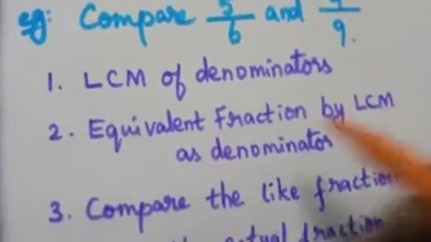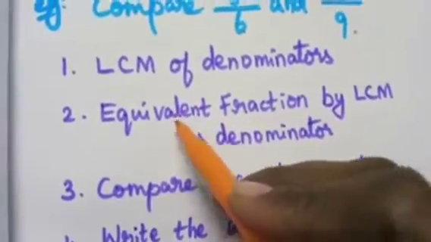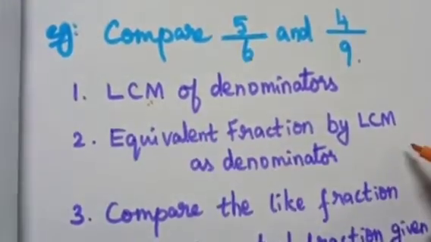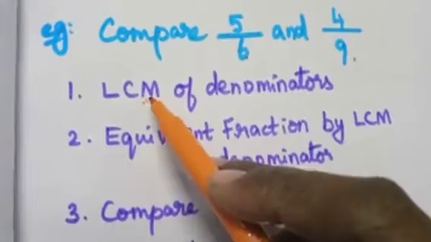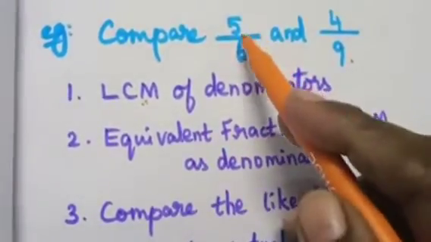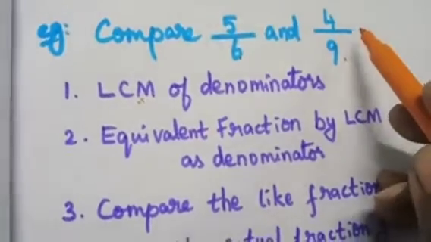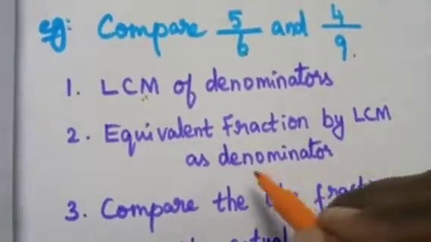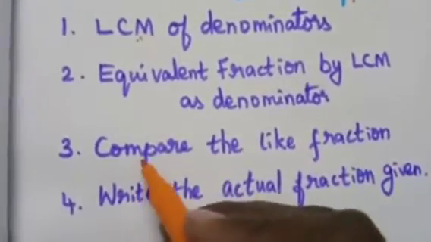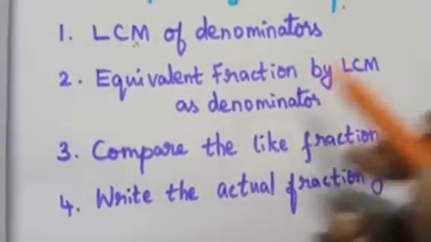Then second, we have to find equivalent fractions by using the LCM as denominator. Then you will get equivalent fractions, isn't it?